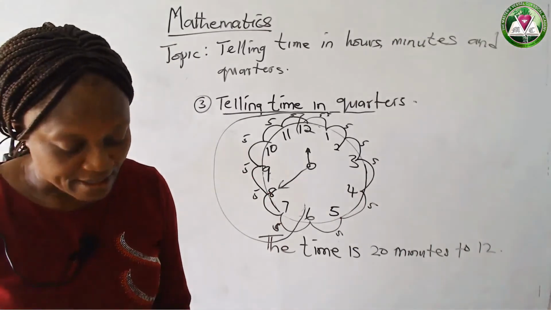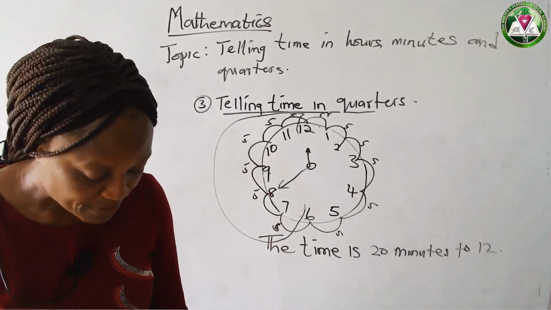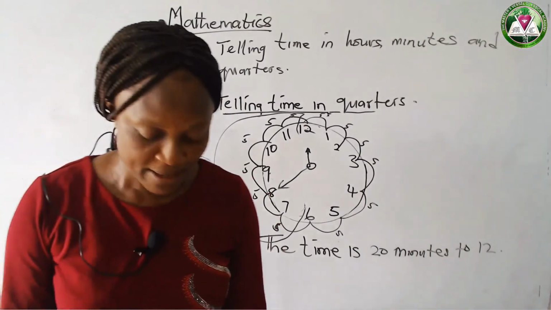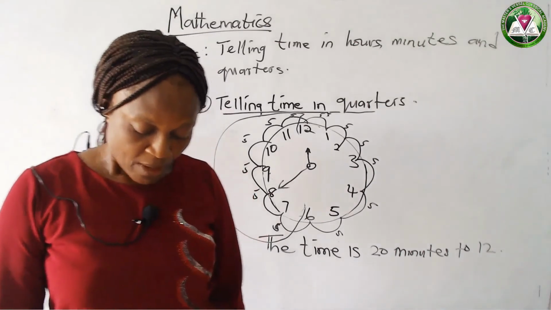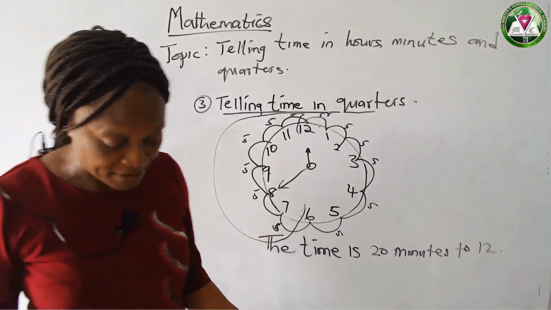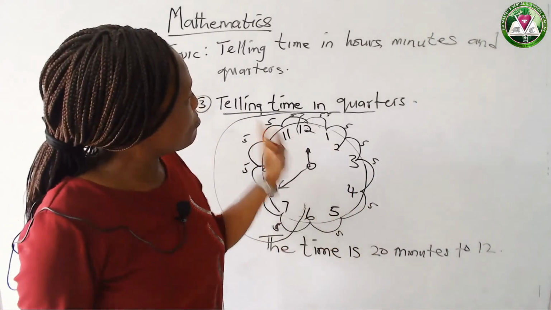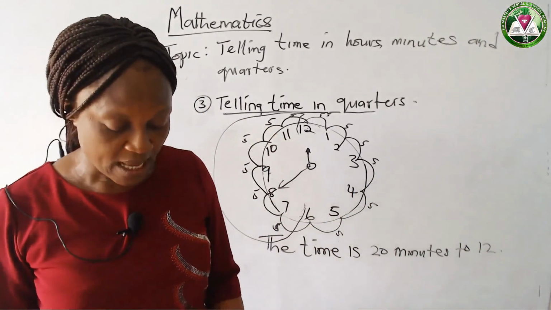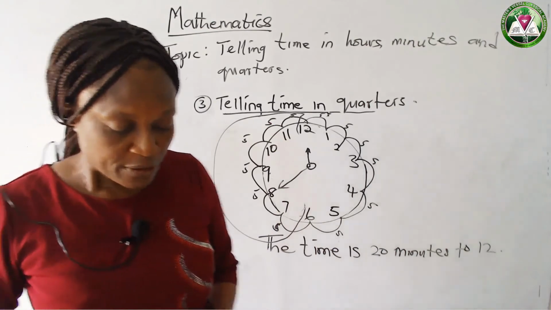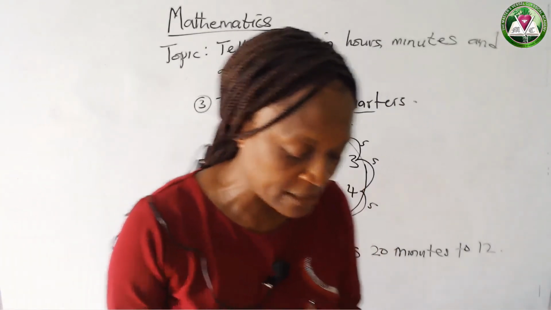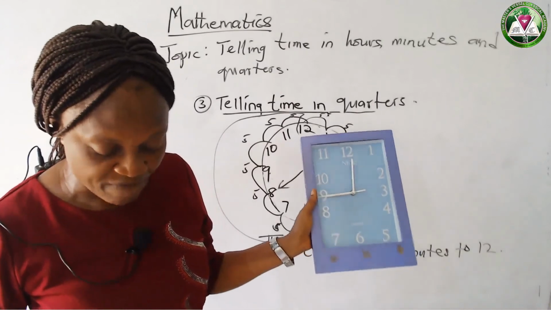Before I leave, I have to summarize my lesson. Our today's topic is telling time in hours, minutes, and quarters. I showed us the long hand and the short hand on a clock face.